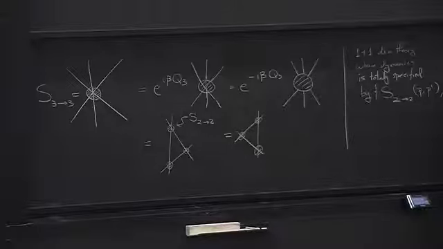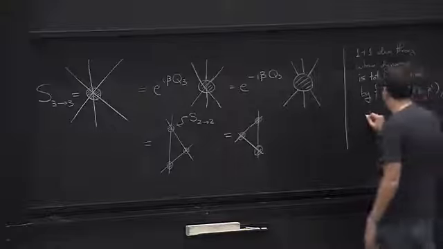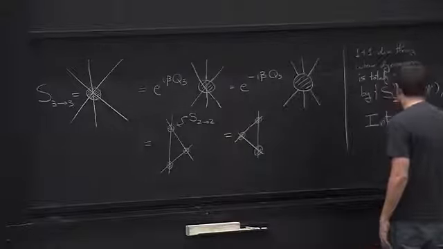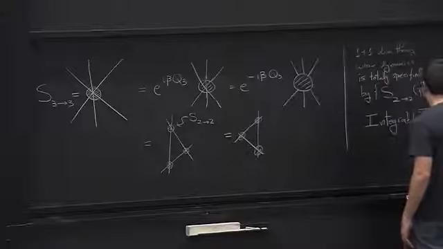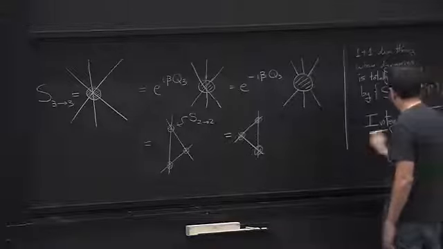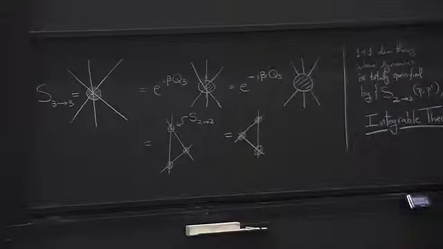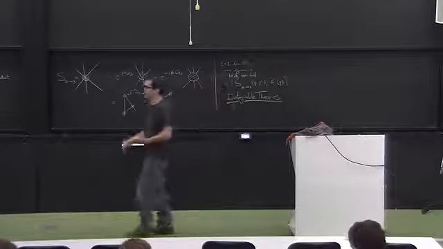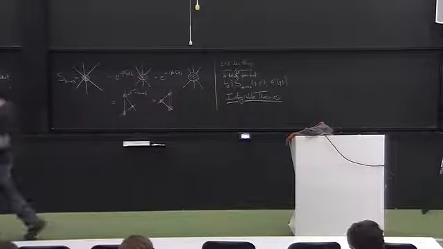These are very special theories. You see, it's the next to simplest theory after free theories. And these are what are called integrable theories. So these are the next to simplest theories. If you want to study a theory that is not free, this 2 to 2 S matrix can be very non-trivial.